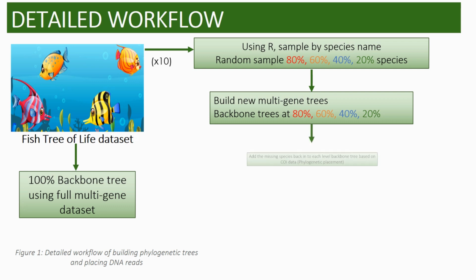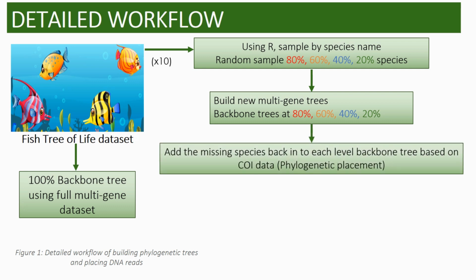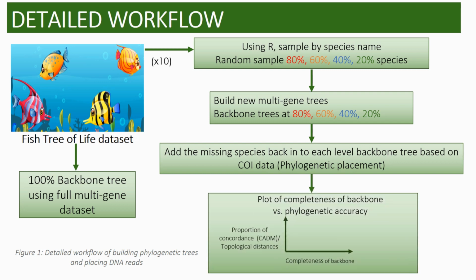As the next step, I've added the missing species back into each level's backbone tree based on CO1 data. And finally, I've plotted the completeness of the backbone tree against several metrics of phylogenetic concordance and topological distance.